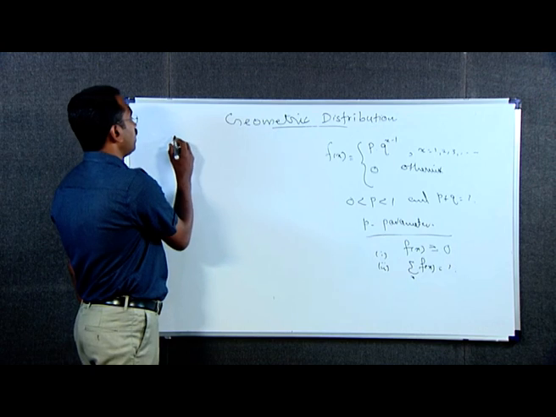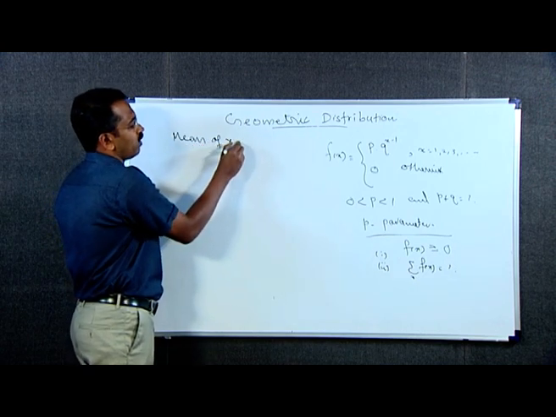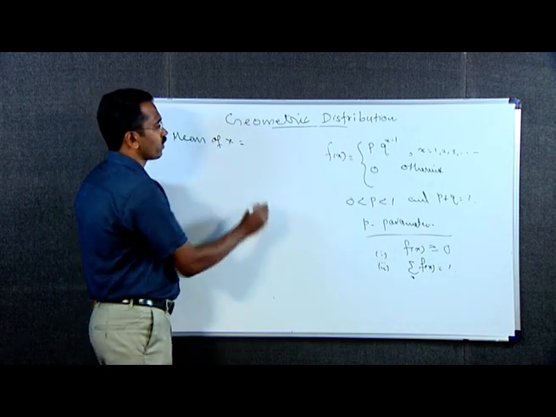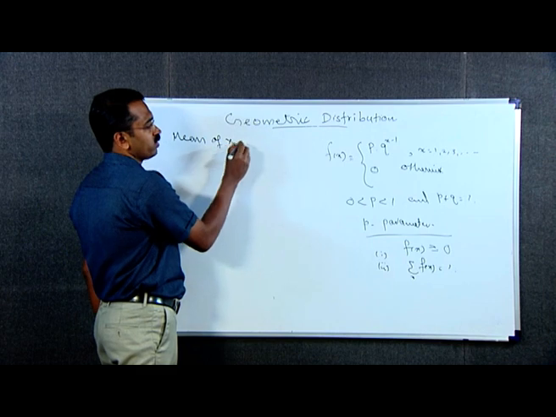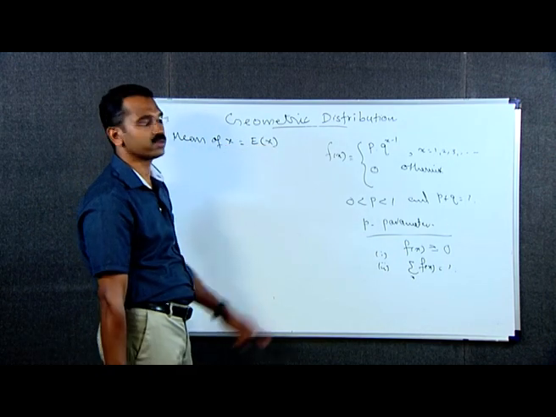Now, the arithmetic mean, simply mean of the random variable x, is, in terms of expectation, E of x.